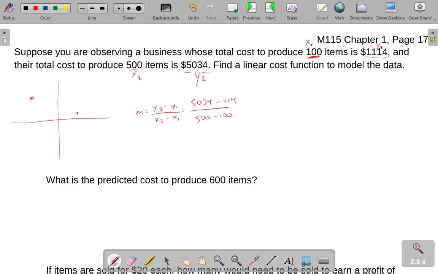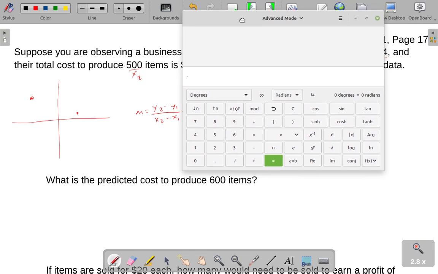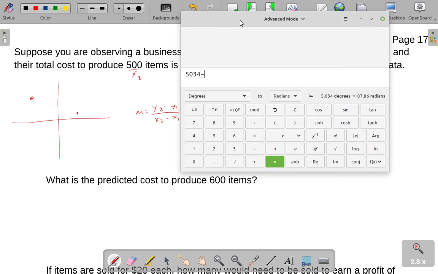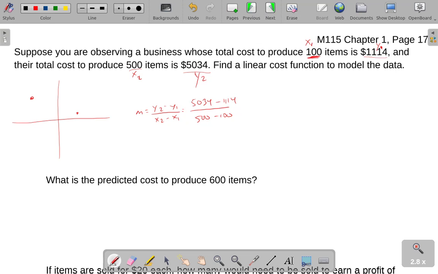And pull down the calculator. We have 3920 over 400, which gives us 9.8. So the slope here, maybe I shouldn't have drawn it like that.